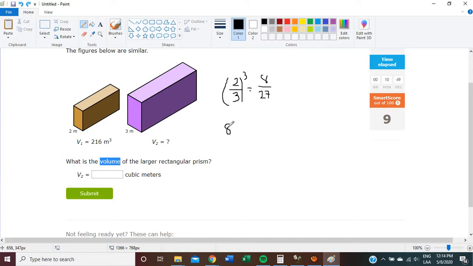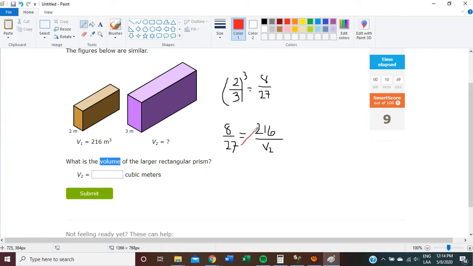Okay, so 8 over 27 equals V1, which is 216 over V2. Okay, so remember that we have to multiply diagonally. We cannot multiply this because we don't know the value of this, but we have these two.